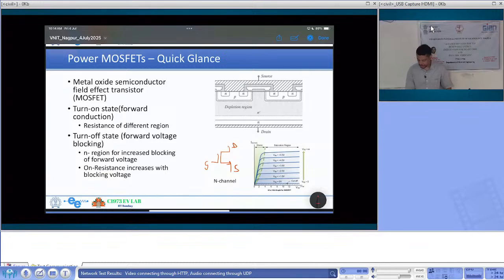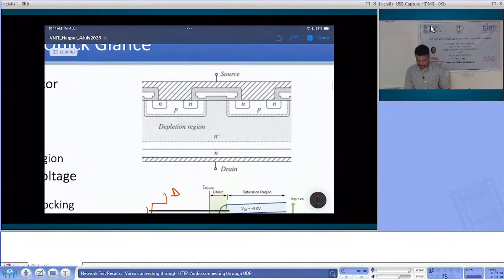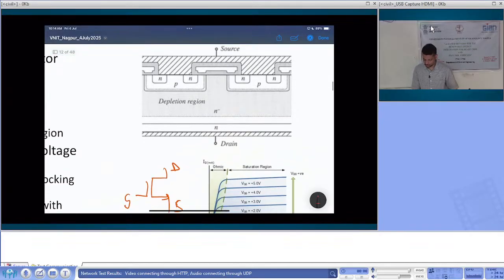If you see the structure of a MOSFET, this is how a vertical MOSFET would look. It's drain, source, and this is where the gate is. When you apply a positive voltage at the gate, electrons get generated here, which create a channel.